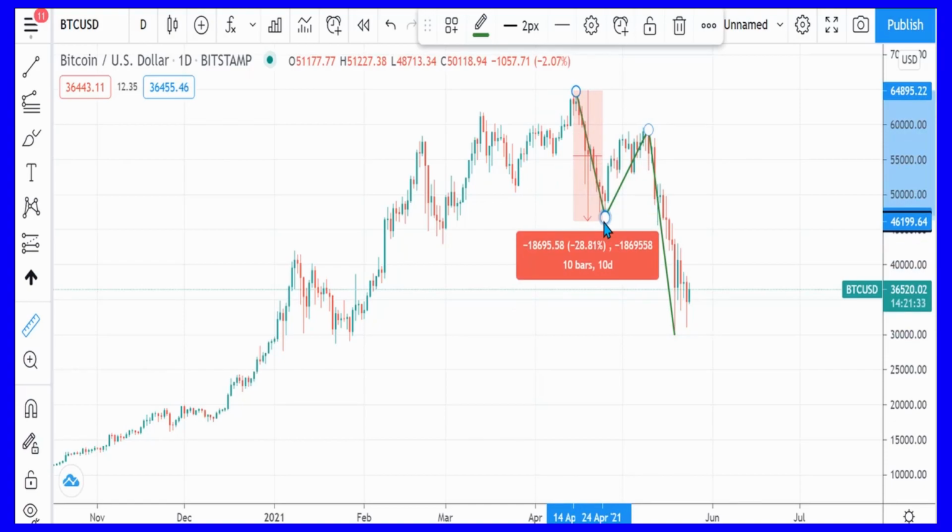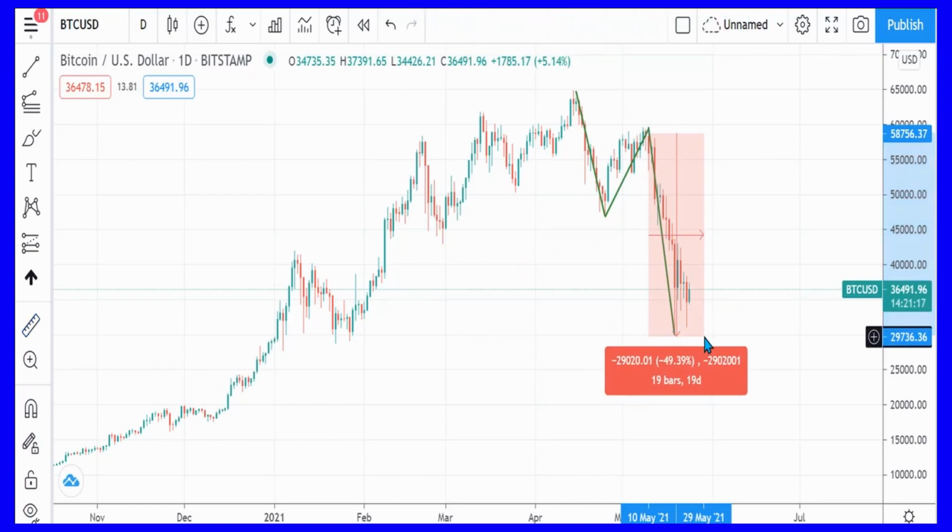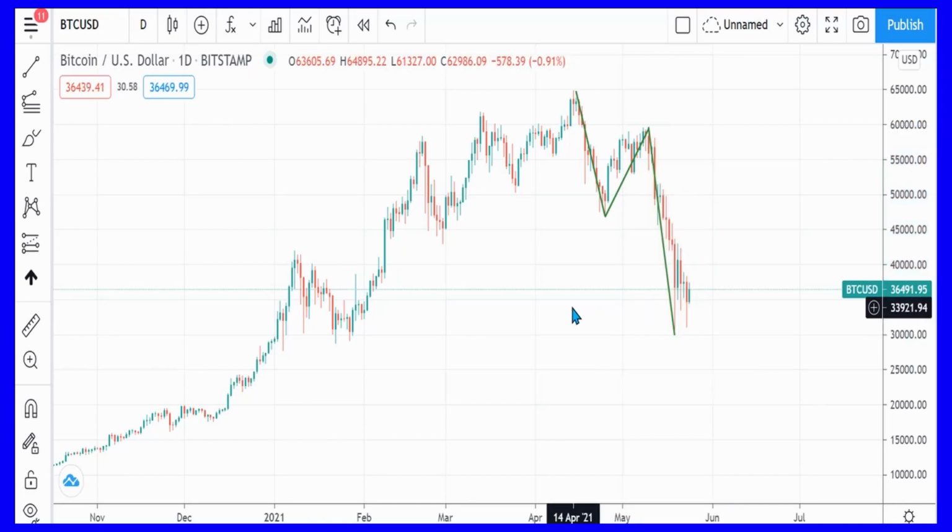Well, it fell around 18,000. Yeah, it fell 80,000. That's a lot. And in the second round, you see it's even more. Wow, so much. Almost 30,000. So is it going to stop there, or is it going to go even lower? That's what we're going to look at in this chart.